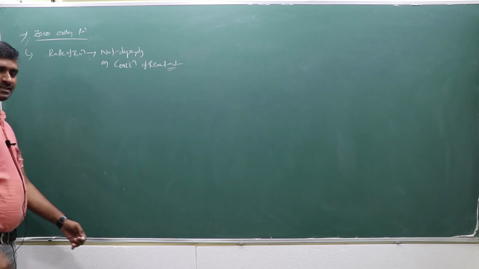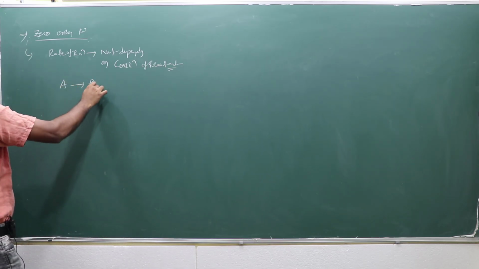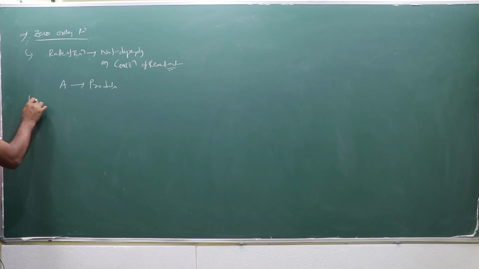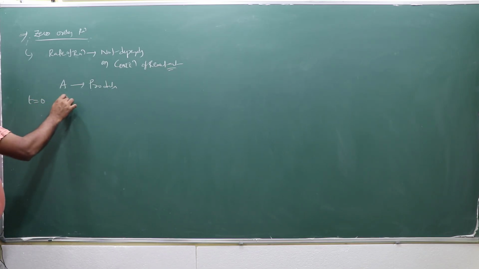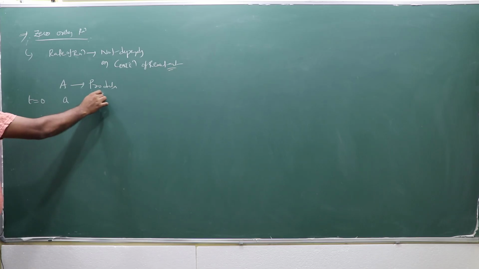Concentration of reactants. Suppose the reaction is given as A to P, P is the product. So at initial time t equals 0, the concentration of the reactant molecule is, suppose, A, and the product is not there at the beginning.